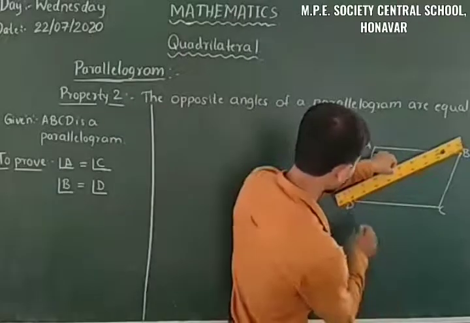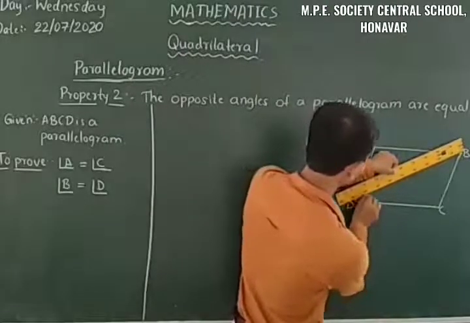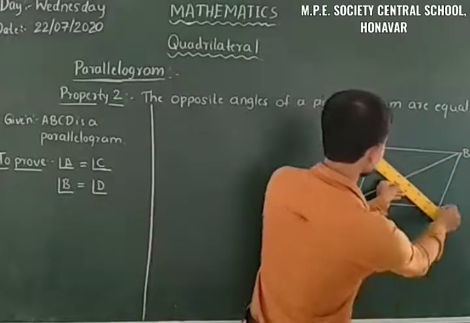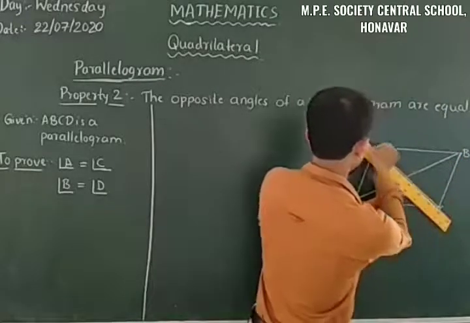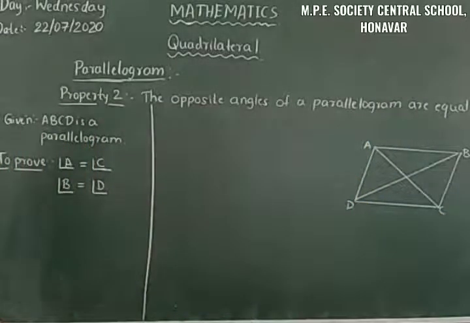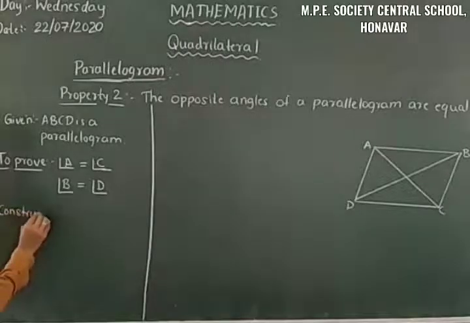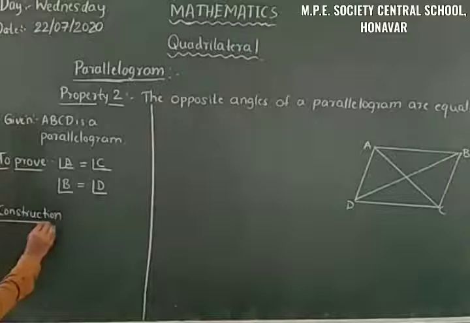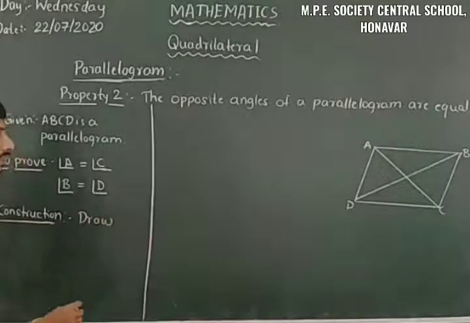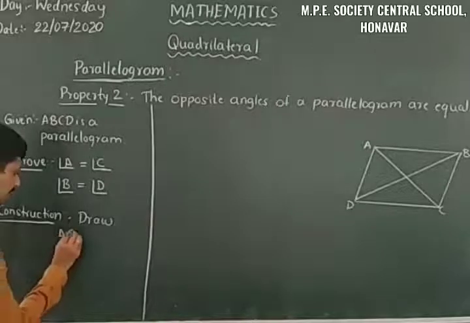So we have to draw both the diagonals here, BD and AC. Then we have to write the construction. What is the construction here? Draw AC and BD.